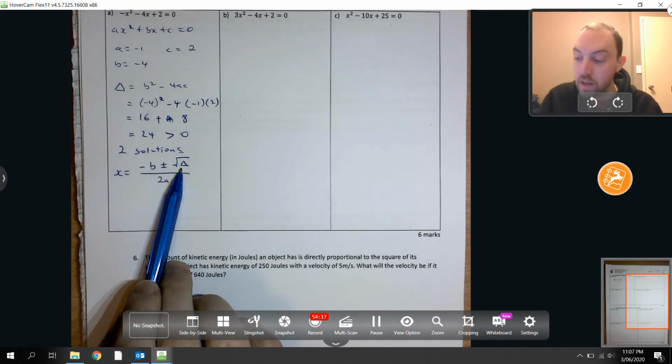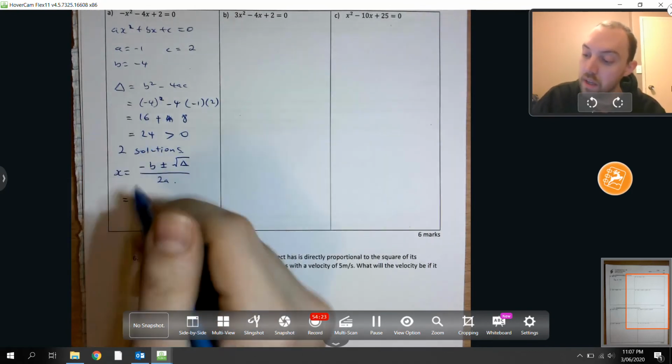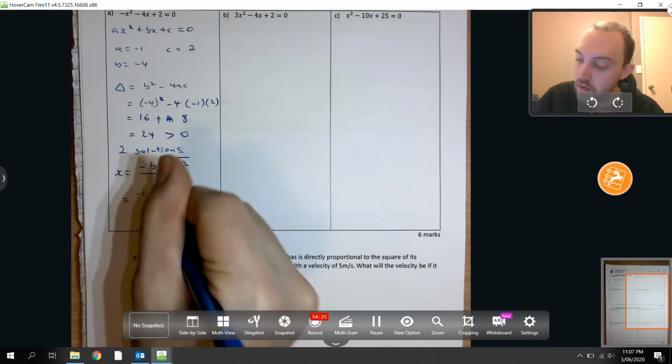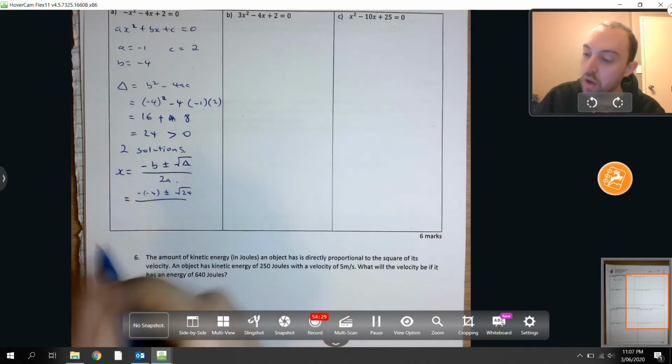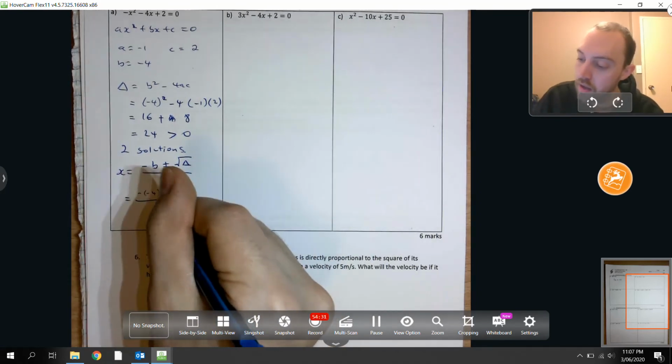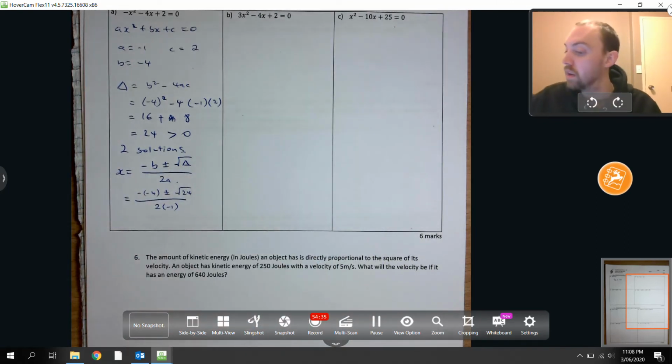We've already worked out what's under this square root, so we don't need to work it out twice. -b, which means we've got -4 plus or minus the square root of 24 on 2a, 2 times -1. I'm just going to go to a separate bit of paper to show you the rest.